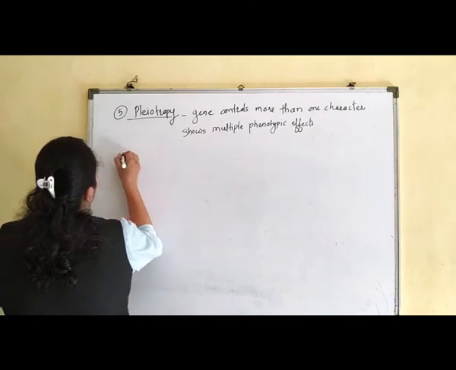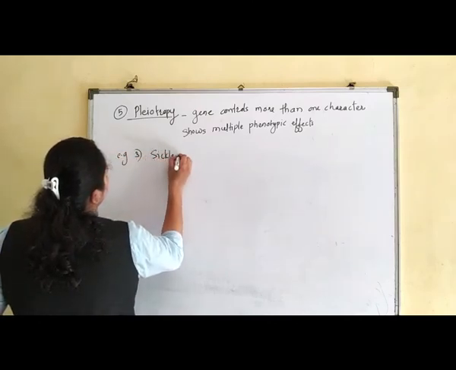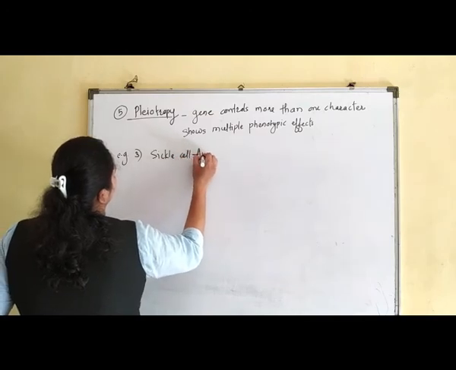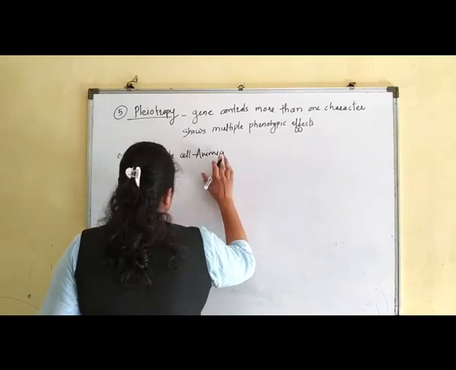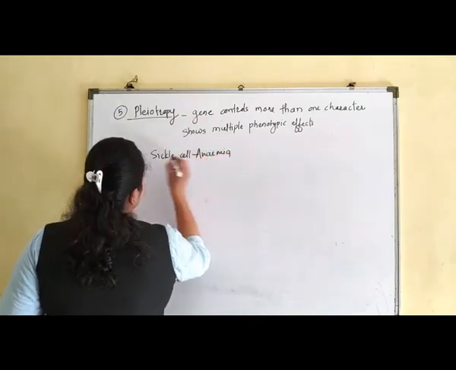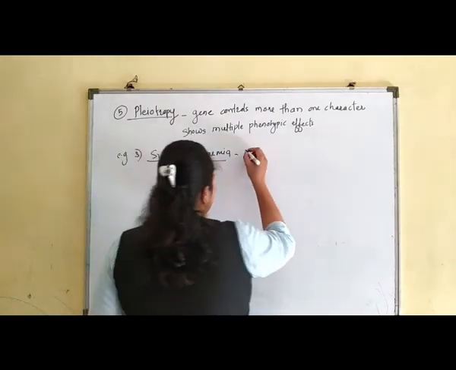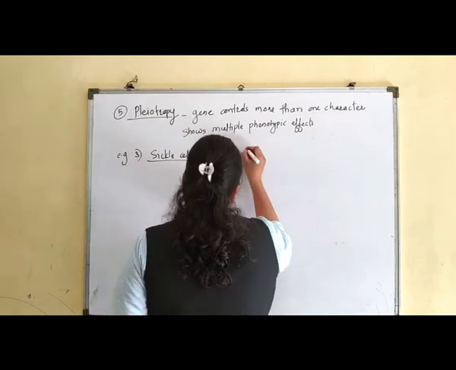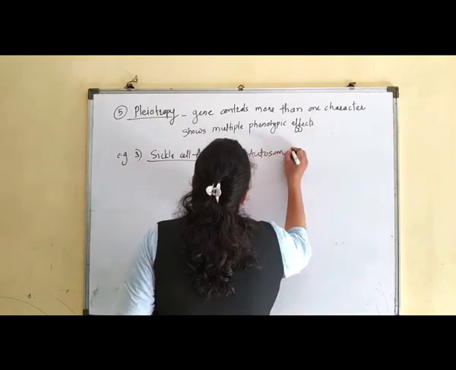Third example, sickle cell anemia. Its inheritance pattern we will see later on when we see the genetic disorders. So sickle cell anemia is an autosomal recessive disorder.